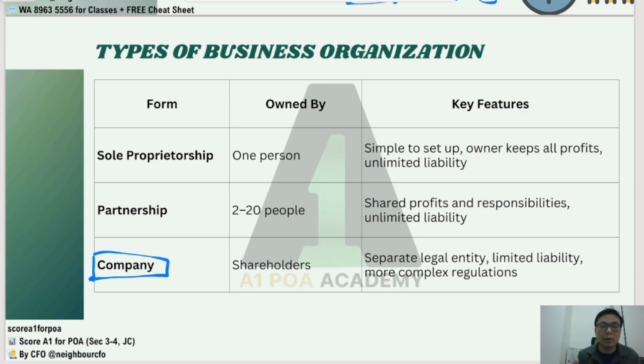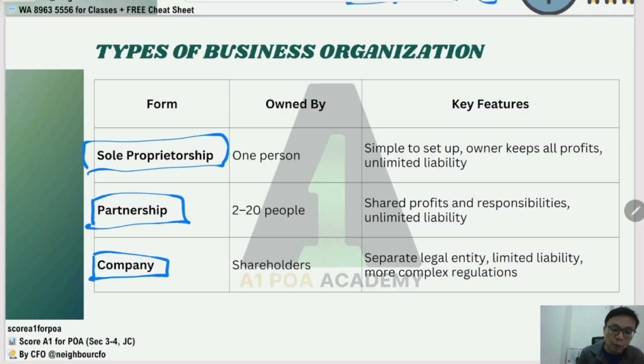Sometimes they will be talking about, oh, the economy is not so good, or the economy is good, and therefore the company is paying a good bonus, and so on and so forth. So most of the adults work in a business organization that is classified as a company. Of course, we also have partnership. Last but not least, we have sole proprietorship.